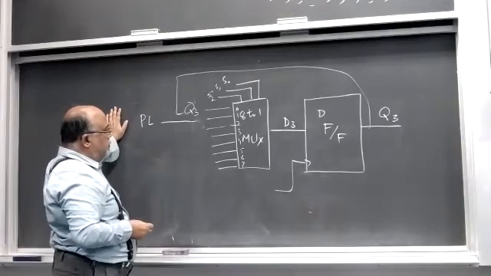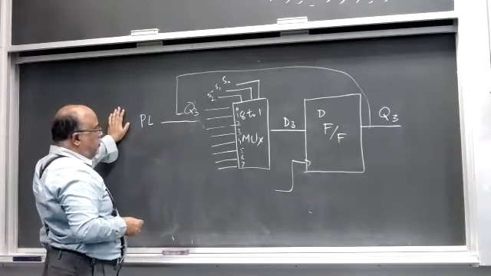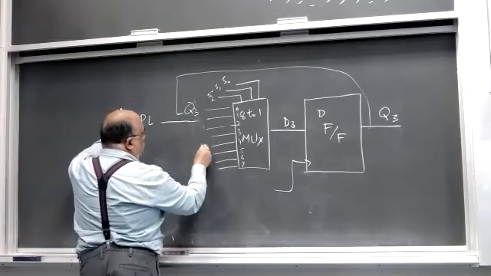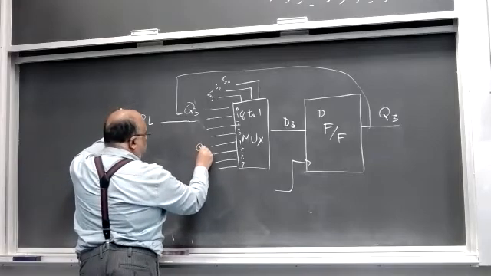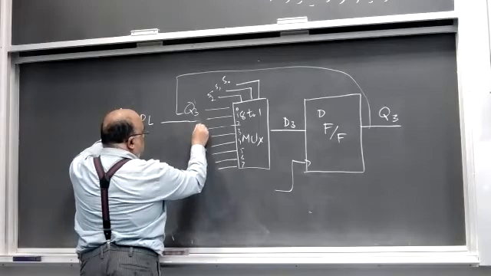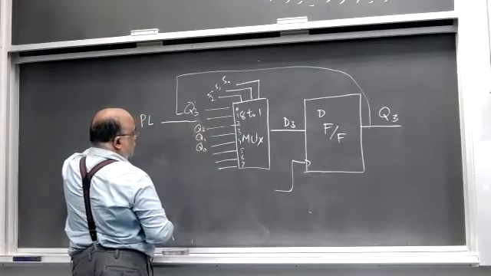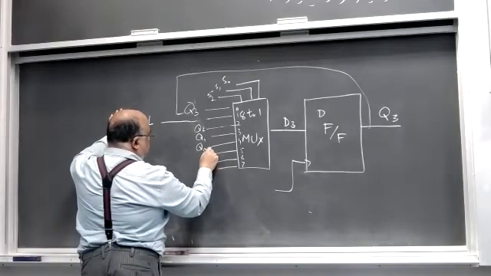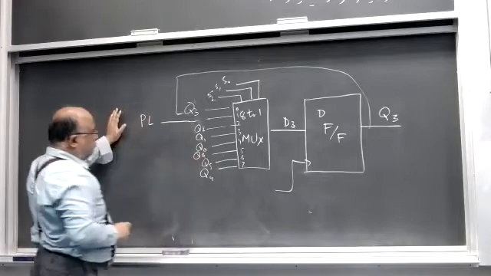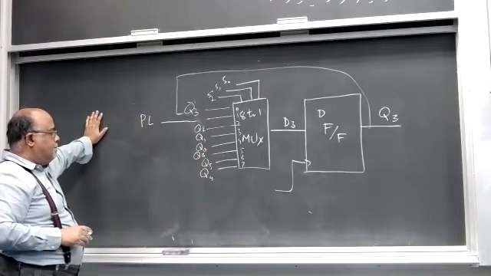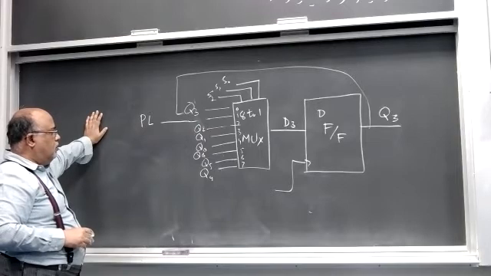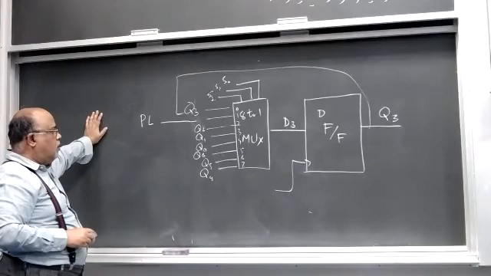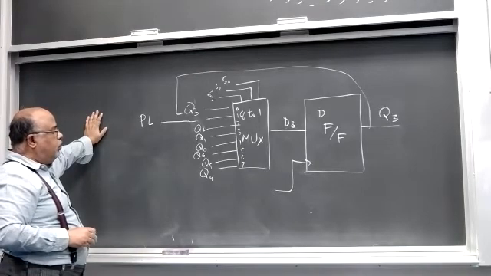What about the other 3? For other 3, what I'm going to do is I'm going to use Q0 here, Q1 here, Q2 here, Q4 here, Q5 here, Q6 here. Now, can anyone tell what is going to happen with the select lines?